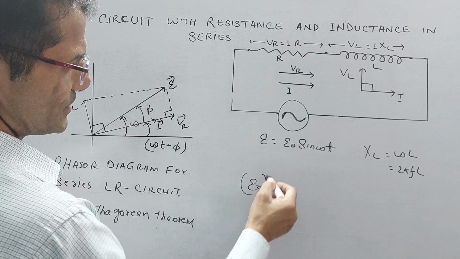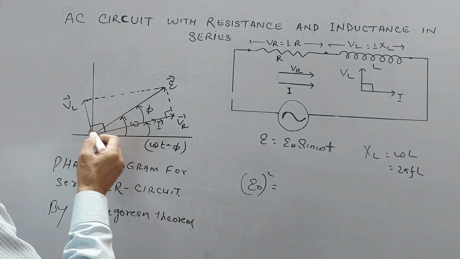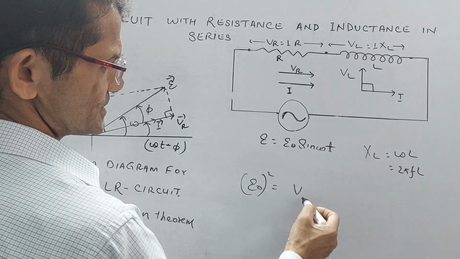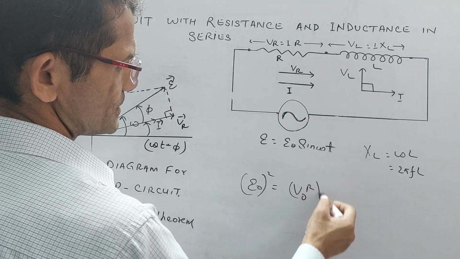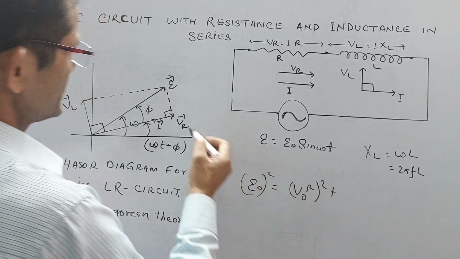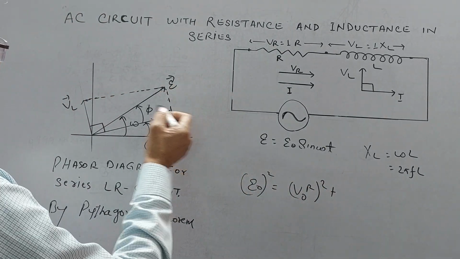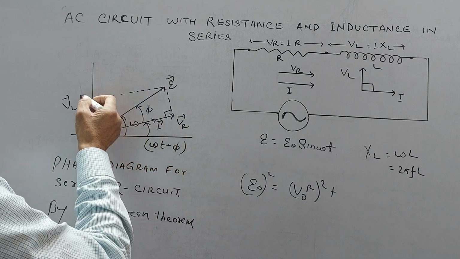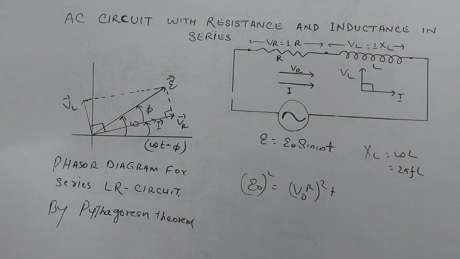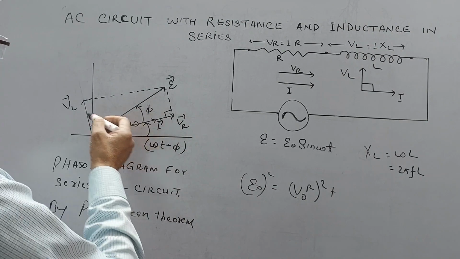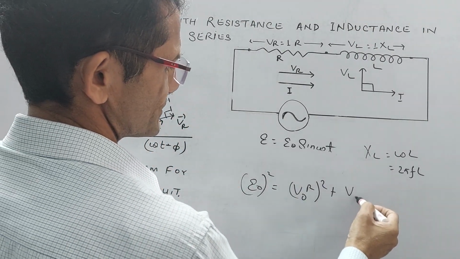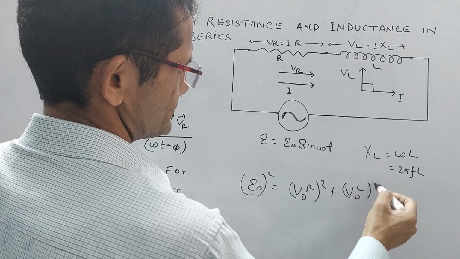Therefore, the square of the AC voltage is equal to the square of the voltage across the resistor, and similarly along this one, because this is parallel to this one, because this makes a parallelogram. In a parallelogram, opposite sides are equal and parallel. Therefore, if this is VL, this is also VL. In magnitudes, its length would be V naught L whole square.